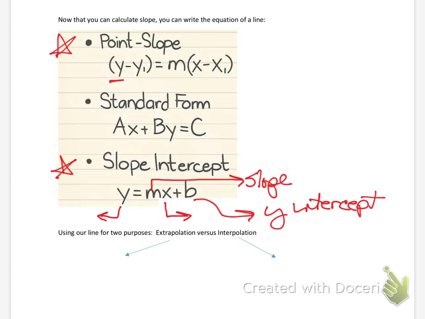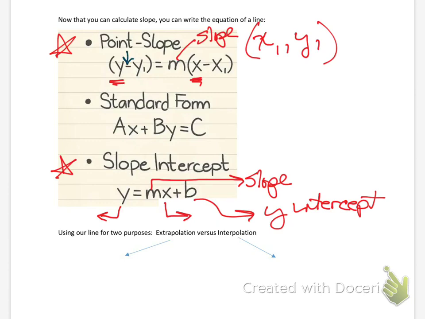So y is generic, it stays. X is generic, it stays. (x1, y1) is a point on your line. M is your slope. Okay, notice, what's very important to take note of is this.